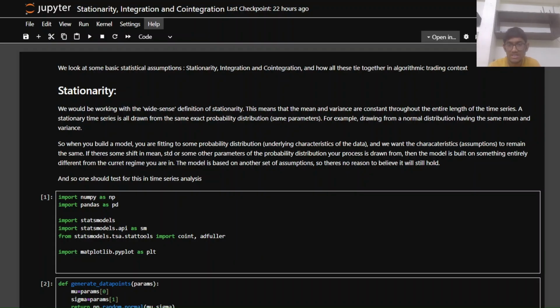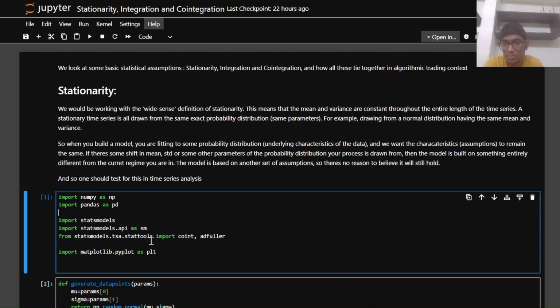Because if there is some shift in the mean or standard deviation or some other parameters of this probability distribution, then there is no reason to believe that our model will still hold, because the model that we are using is built on a totally different regime than what we are on right now. And hence one can realize that it is very necessary to test for stationarity in time series analysis.